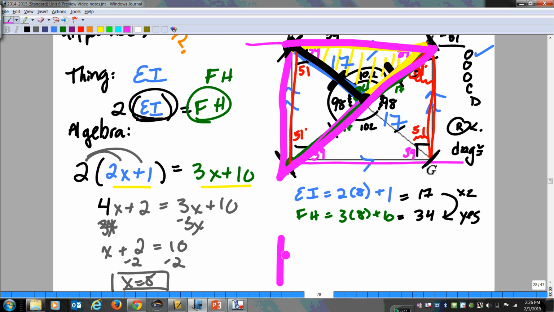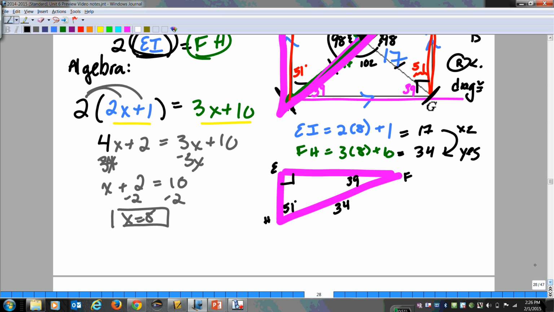Let's pull this out. This length right here we found earlier was 34. This is 51 degrees, and this is 39 degrees. This was E. This is H. This is F.